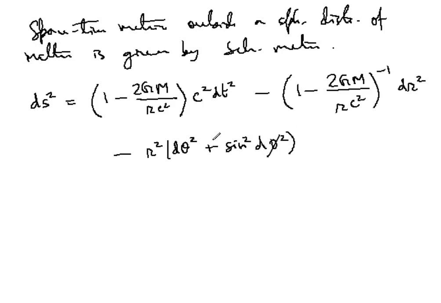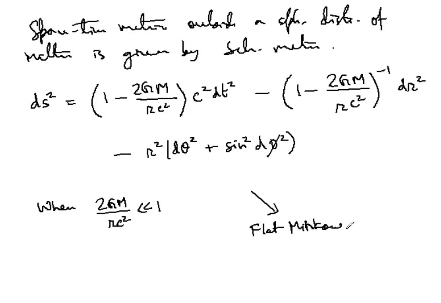Okay, now you see, when this 2GM by r c square is much less than 1, then this becomes equal to the flat Minkowski metric, right? We have already talked about this when I was talking about the neutron star, and in that case the GTR effects are negligible.